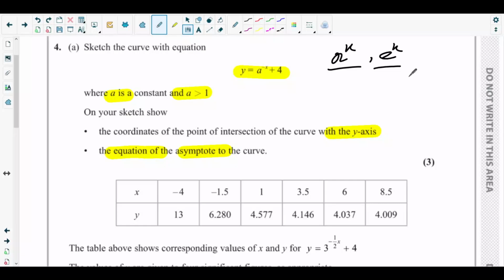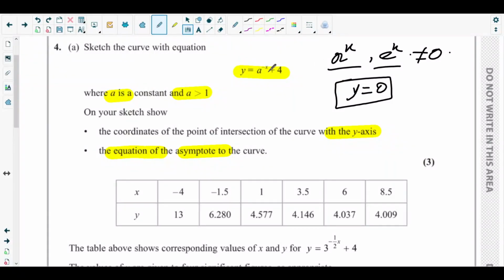So their curves always remain above the x-axis, and there is always an asymptote at the x-axis, as these values can never be equal to 0. That's why on exponential curves the asymptote is at y equals 0, a horizontal asymptote.